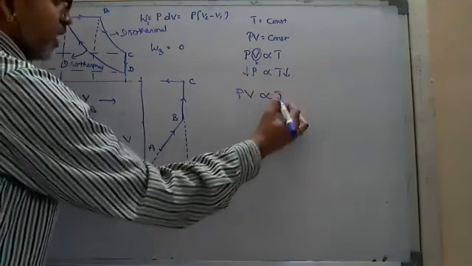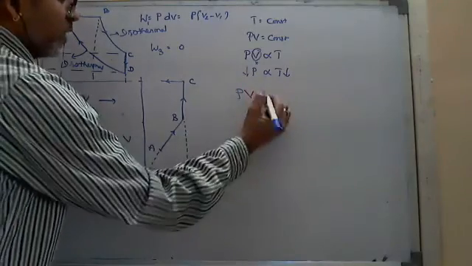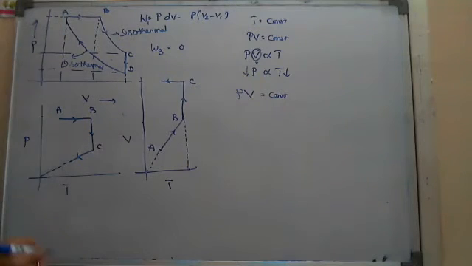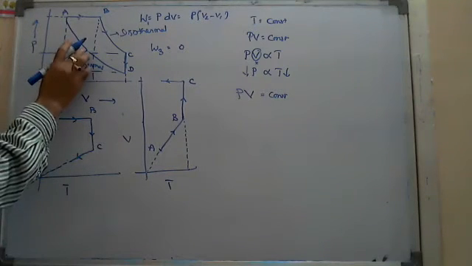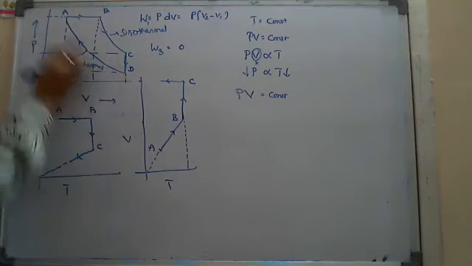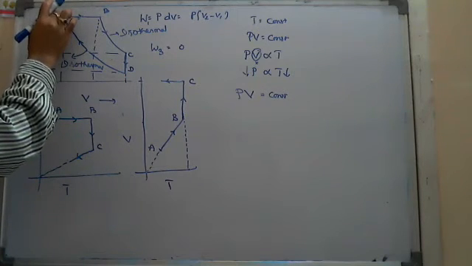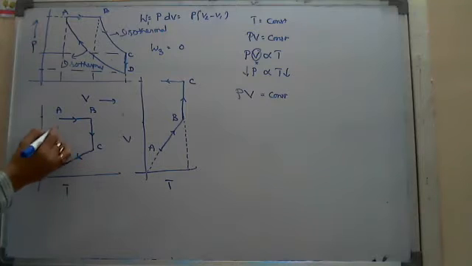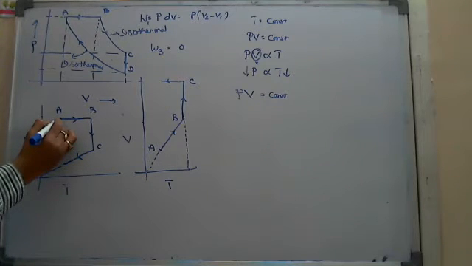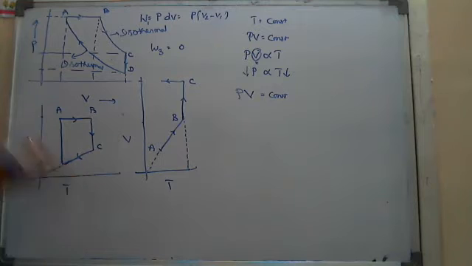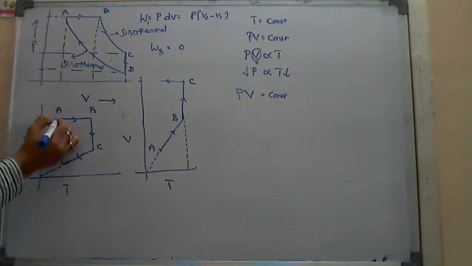Again PV equals constant. So at a constant temperature, if you see in the P graph, pressure increases. From one particular temperature, the pressure increases and comes back to A.